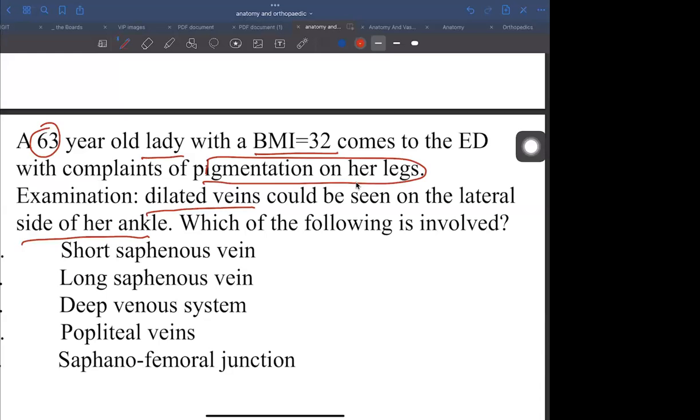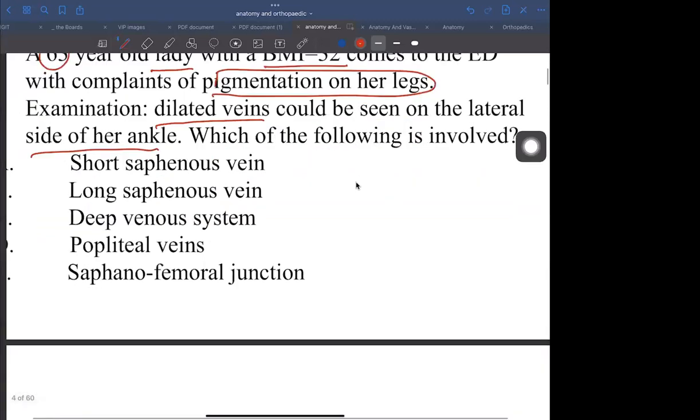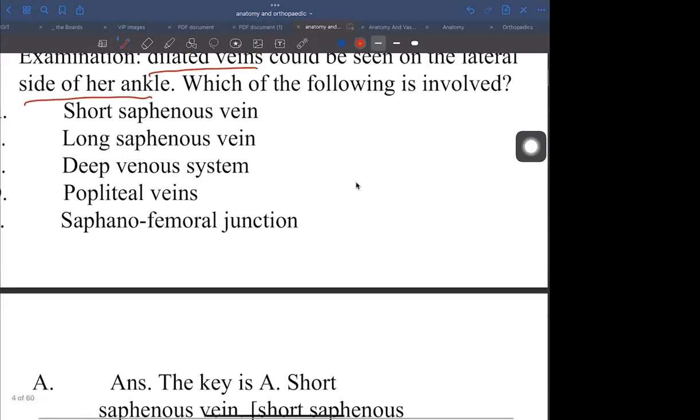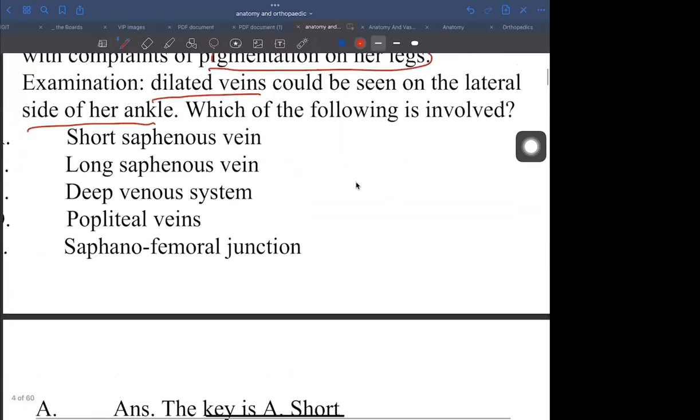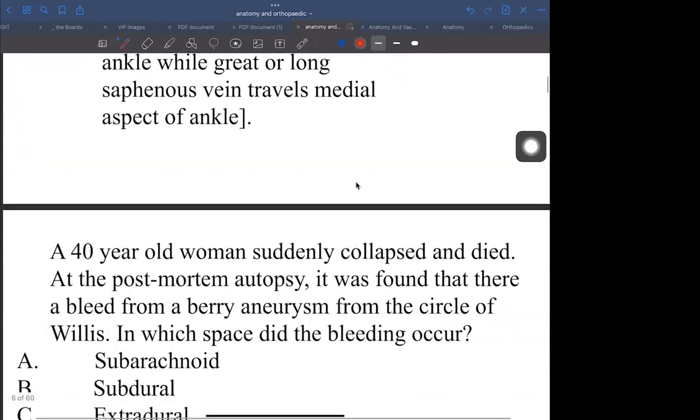You have 2 veins in the lower limb: the long saphenous vein and the short saphenous vein. The long saphenous vein is on the medial side, and the short saphenous vein is on the lateral side. So this is basically the short saphenous vein. All right. Next.